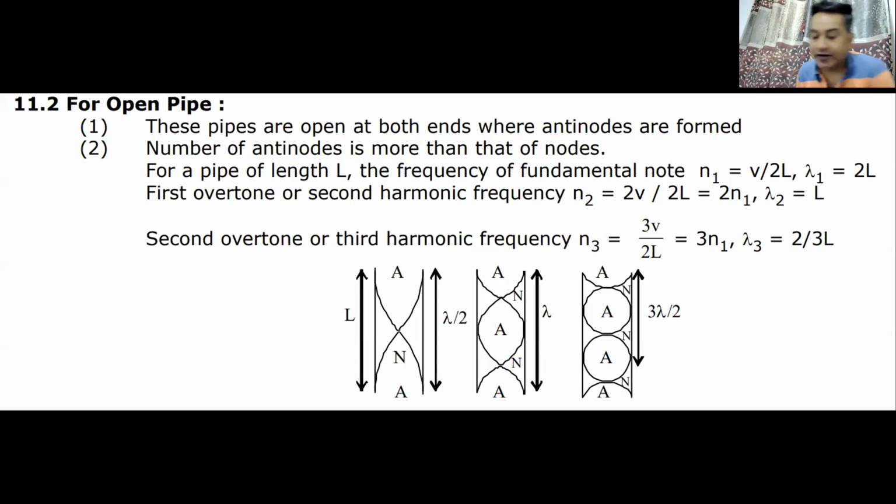Now let us move ahead and see what we call an open pipe. When I say open pipe, I mean it is open at both ends, and you can see that open pipe in your sheet right now. So remember, at the open ends we always have antinodes. Do we see this? Yes or no?